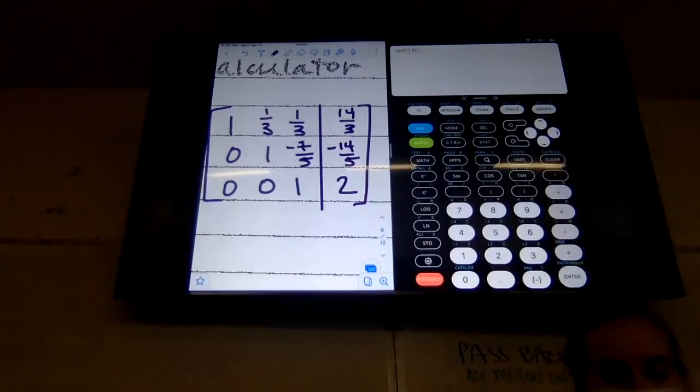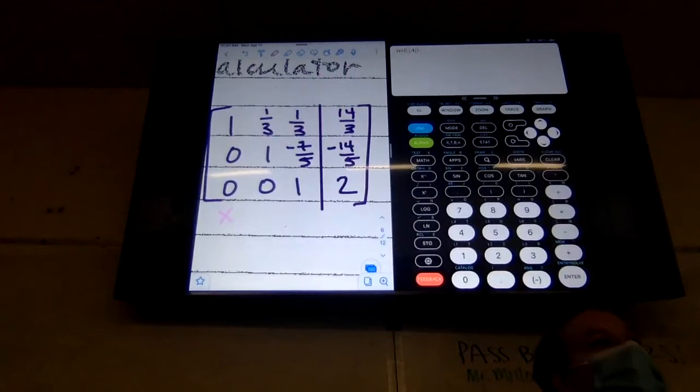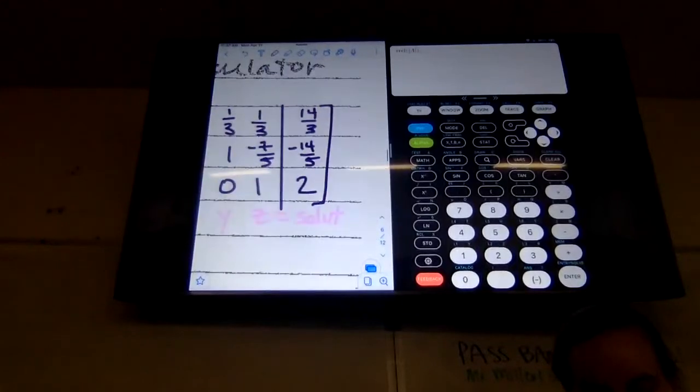What this means is that everything in the first column is a coefficient for an x. Everything in the second column is a coefficient for a y, and everything in the third column is a coefficient for a z. You don't physically have that line on your calculator, right? But every time we do an augmented matrix, I'm going to put that line because that tells me that those things equal, and then this last column is my solutions.